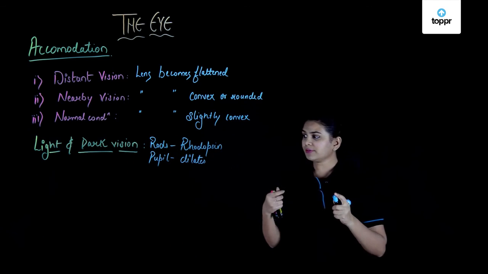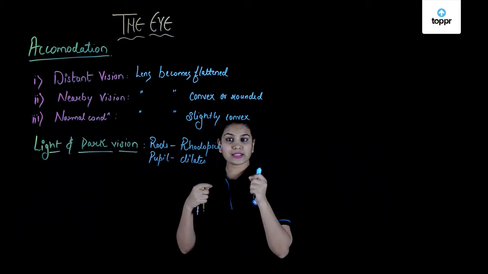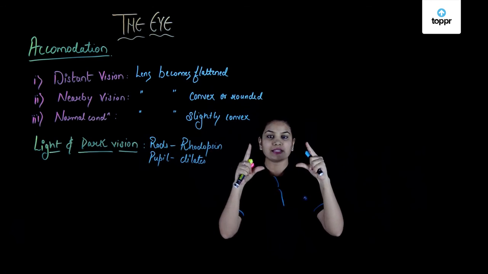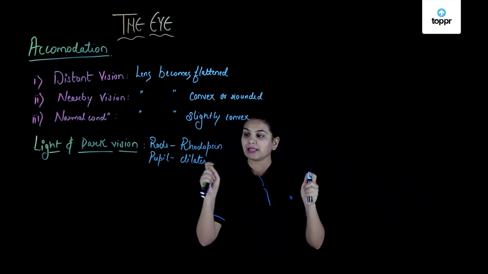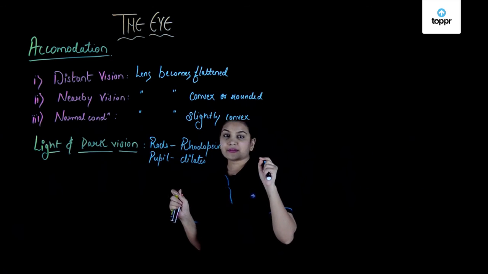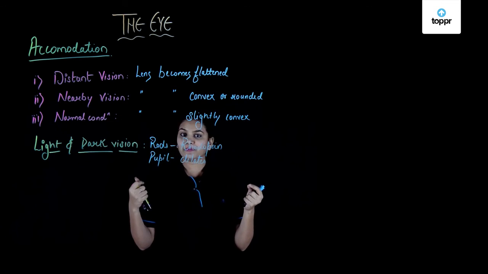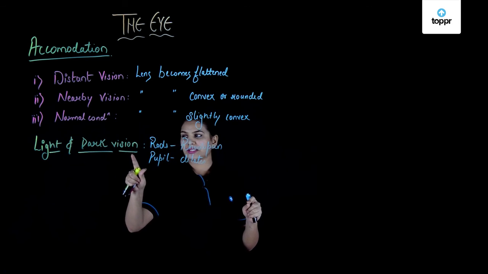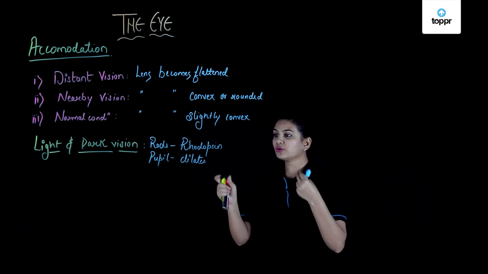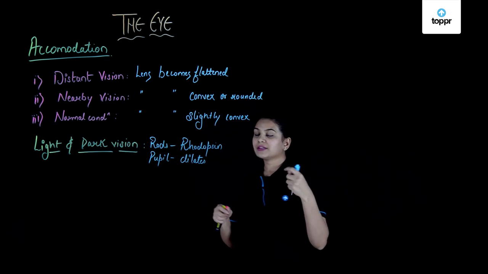Whenever we are present in a darker region, in dim light, the diameter of the pupil increases. When this space increases, it allows the light to fall on the retina properly, because if the space is less, very little light can fall on the retina, and hence the image may or may not be formed properly. So in the darker region, the pupil dilates so that more light can go inside the eyes, and the rhodopsin, or visual purple pigment, regenerates.